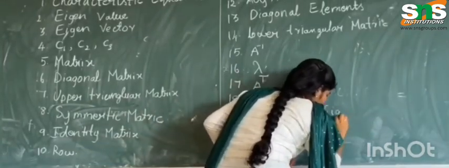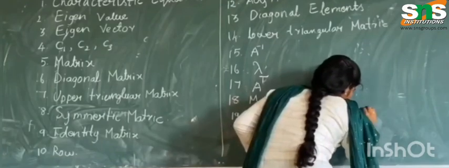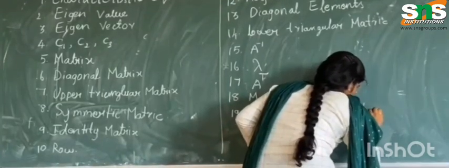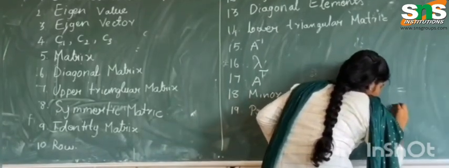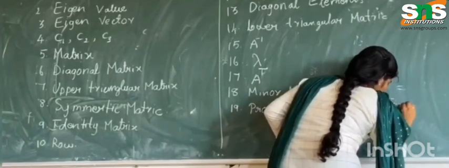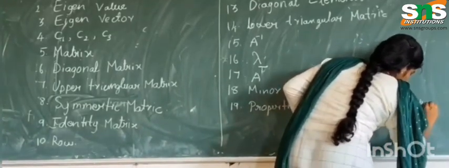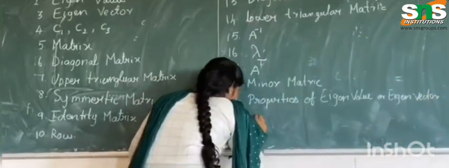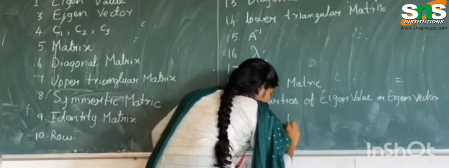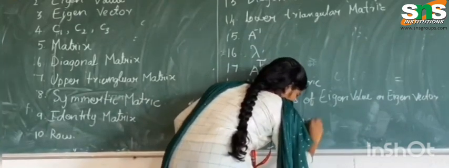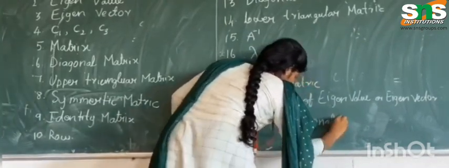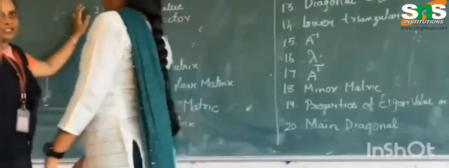Pairwise orthogonal. The 20th is main diagonal. It's enough. Here there are 20 words you know.